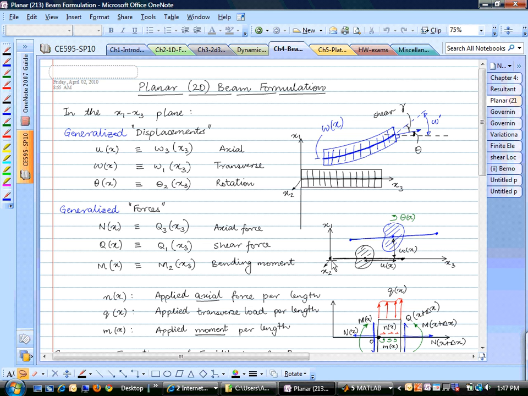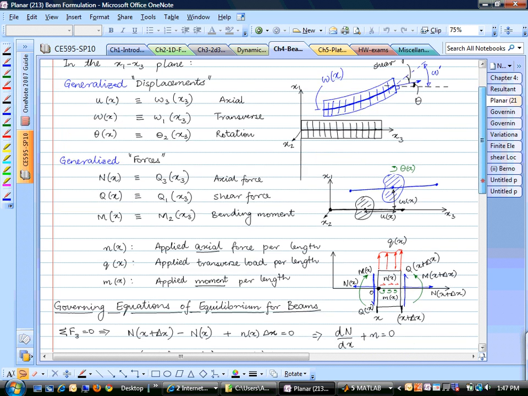So we are going to express the deformation of the beam with respect to the cross section or the centroid line, and in addition, that cross section can rotate with respect to the centroid line. So every cross section is rigid, but if you tell me where the centroid line goes, and what the rotation of the cross section is, then that completely defines the deformation of the beam.